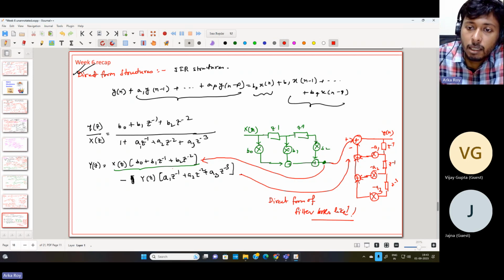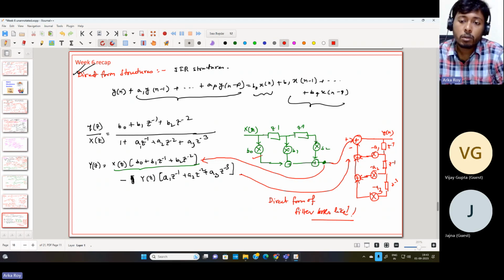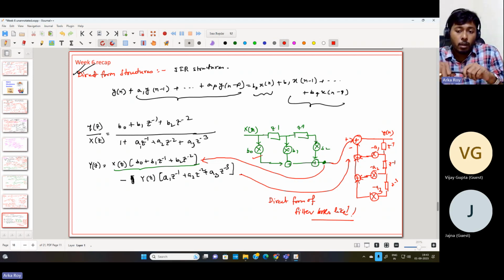But the main problem is that we need lots of hardware resources, like the requirement of adders and multipliers; the requirement of adders is too much. So as far as hardware resource utilization is concerned, we need to always think about low resource utilization.